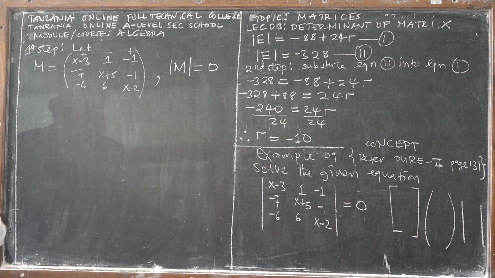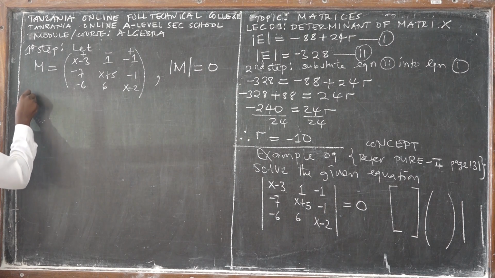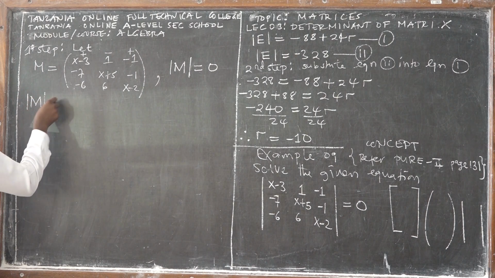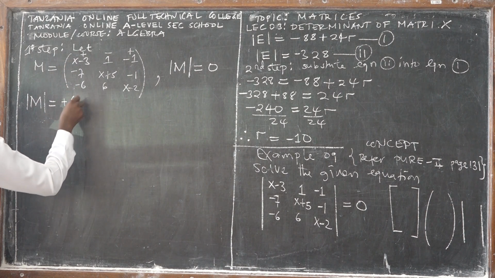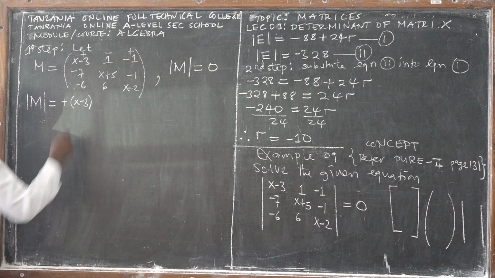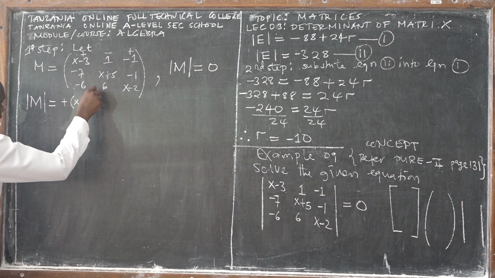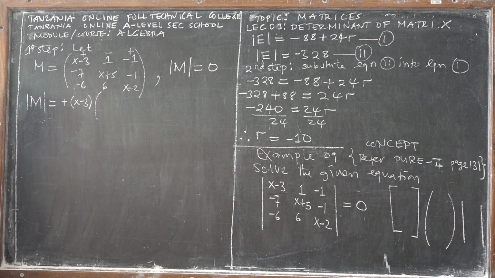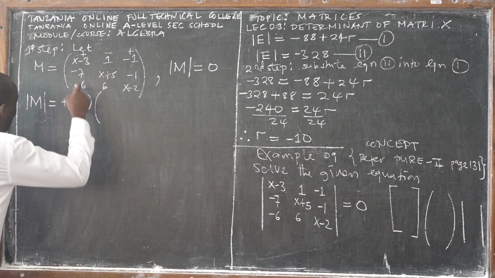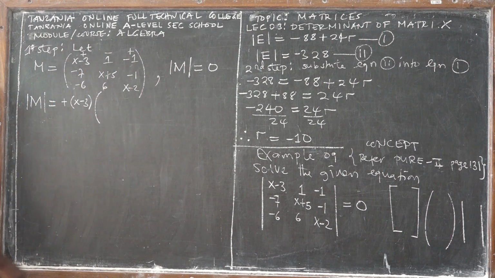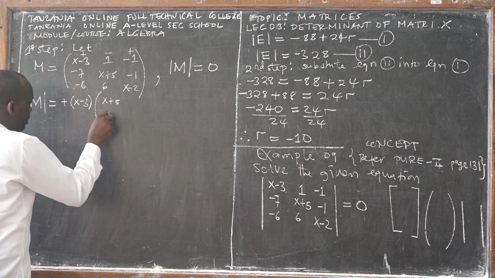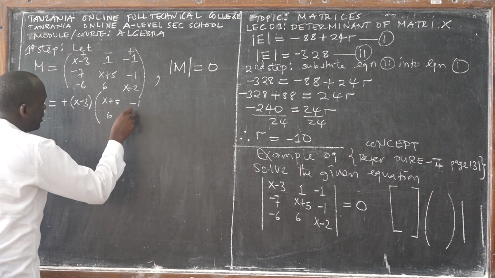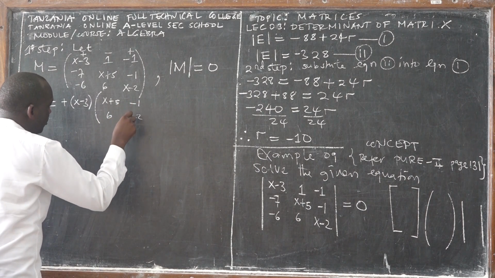The determinant of matrix M is equal to positive x minus 3, the first element, times its minor matrix. To form the minor matrix, delete the first row and first column. We find x plus 5, -1, 6, x minus 2.